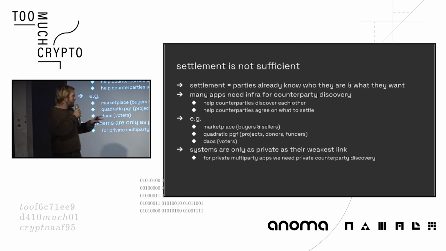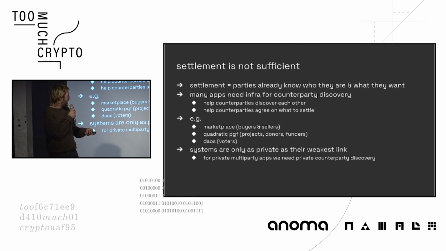So maybe there are some restrictions on identity, like who can make a project in the public goods funding or who the voters in the DAO are, but subject to identities being qualified in that sense, particularly in marketplace stuff or where you're matching funders, donors and projects, you want to find other counterparties programmatically.